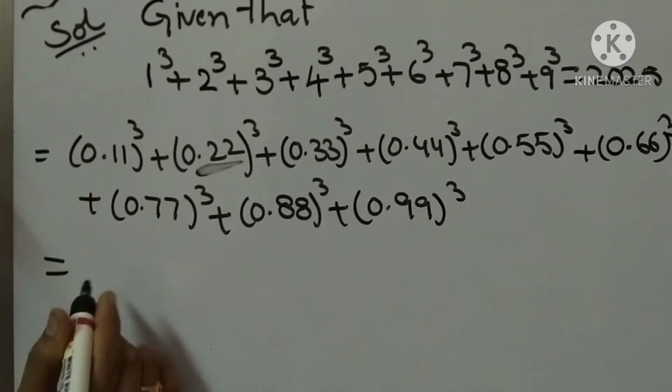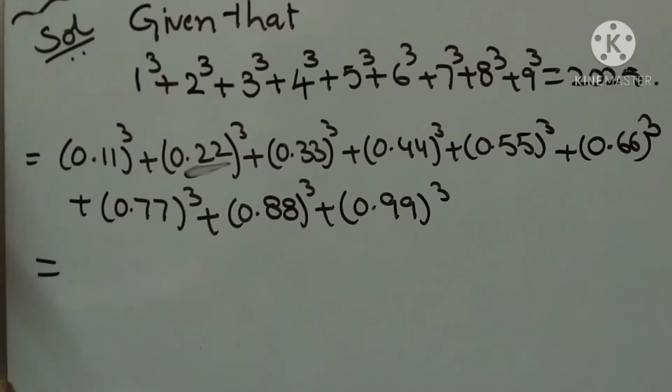Change the decimal numbers to fractions. After the point, how many digits are there? 2 digits.